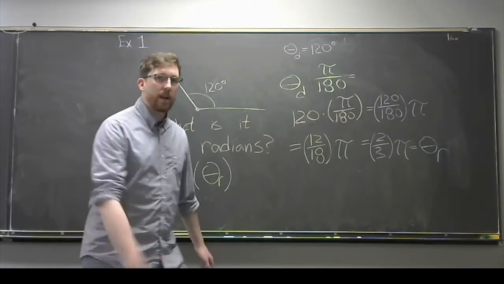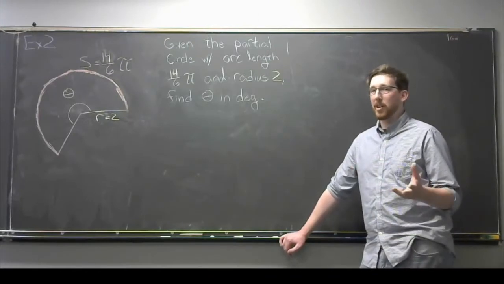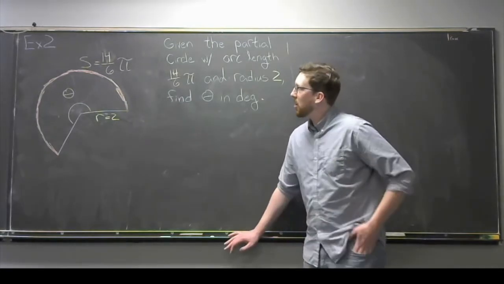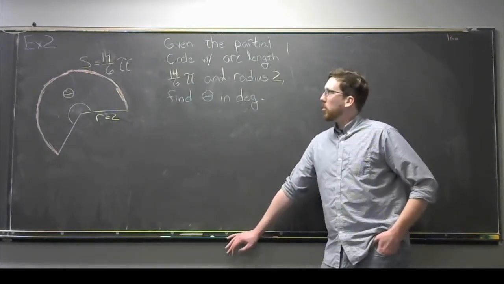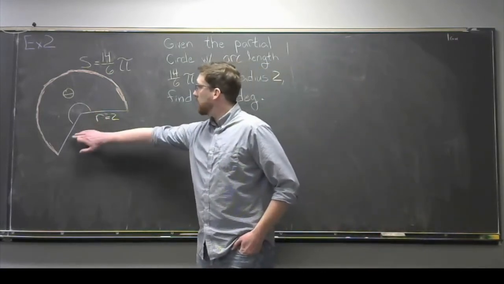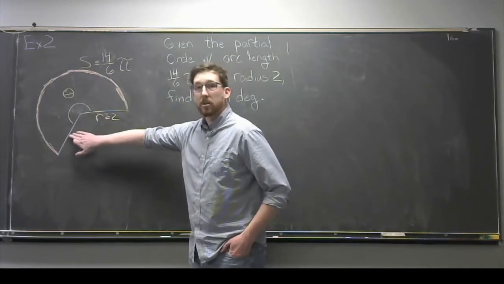Let's look at another example. In this second example, I decided to be a little extra. Sorry, guys. What we're looking for is the angle separating these two lines, the initial side and the terminal side.